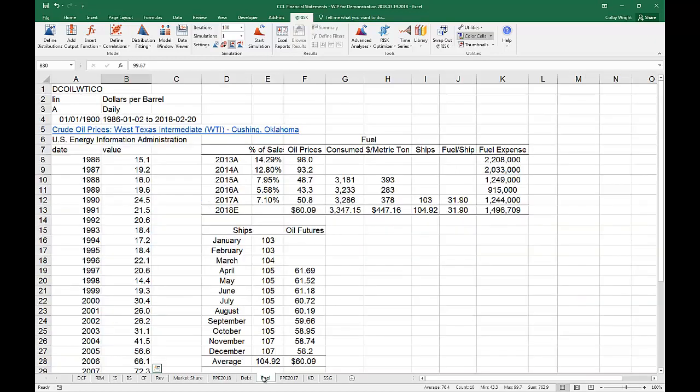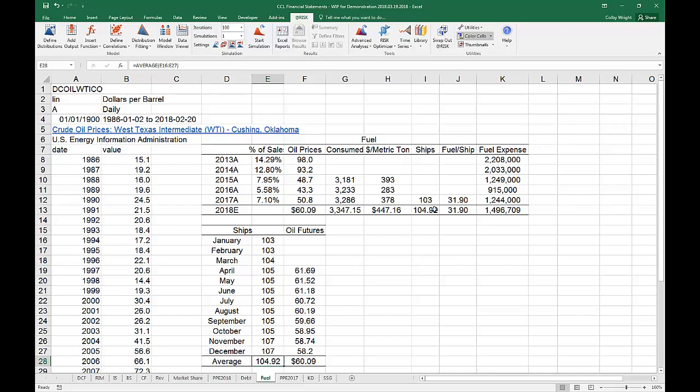Just as one example, when I tried to forecast my fuel expense, you'll remember what we did is we tried to kind of figure out, okay, based on how many ships do you have, how much oil are we consuming, and then we did a forecast of how many ships we would actually have out on the ocean during each month of 2018, and based on that we had an average number of ships of 104.92 out there.